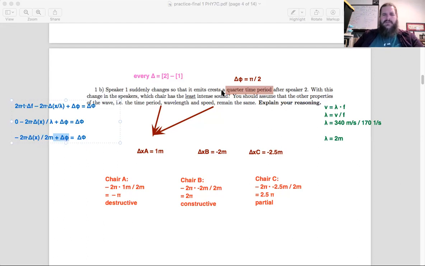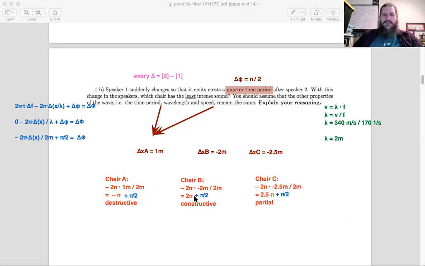And since delta phi is pi over 2, we're just going to add in an extra pi over 2. So we can do that just to the end results. We just add in an extra plus pi over 2, plus pi over 2, plus pi over 2, to see what we get there.